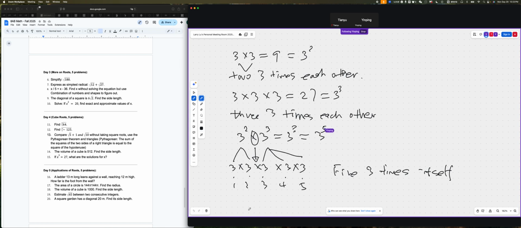So here the power denotes how many times 3 multiplies itself.